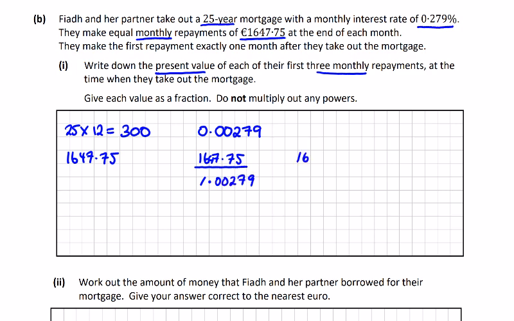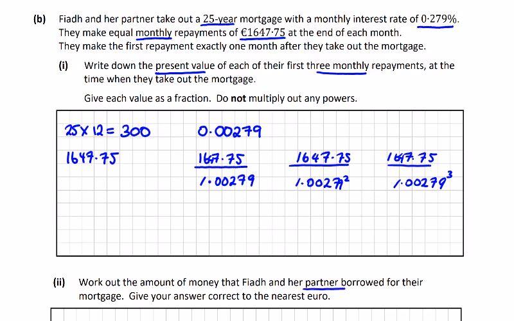The second one will be 1647.75 divided by 1.00279 squared, and the third one will just be the same thing, to the power of 3. This could help you set up a geometric sequence for the sum of all the payments.